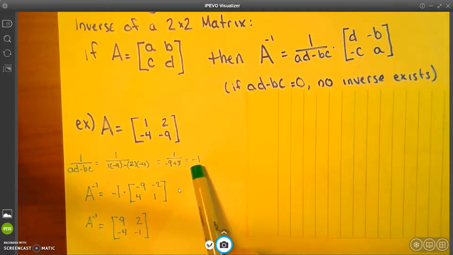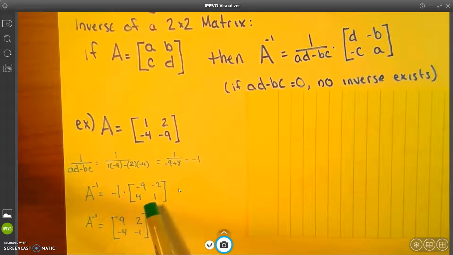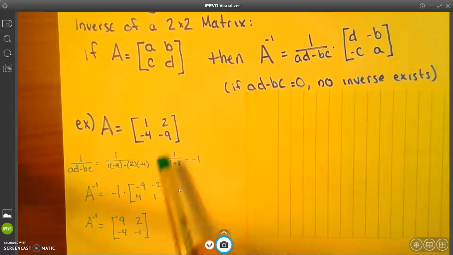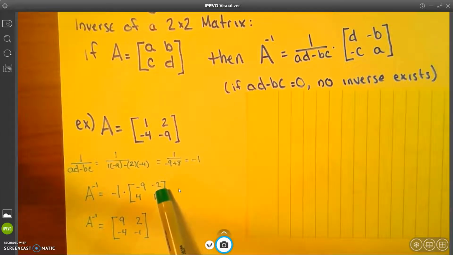So this -1 goes in front, and now I have to do some manipulation with my matrix. Again, A and D trade places. These two terms are in opposite positions from where they were originally. Then the B term becomes the opposite value. It was 2, now it's -2. The C term, same thing.